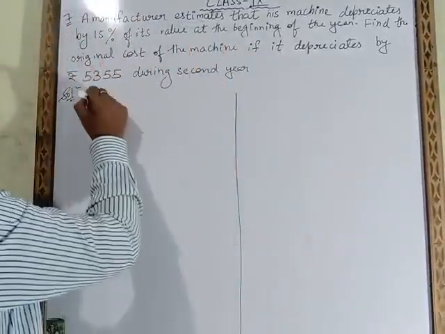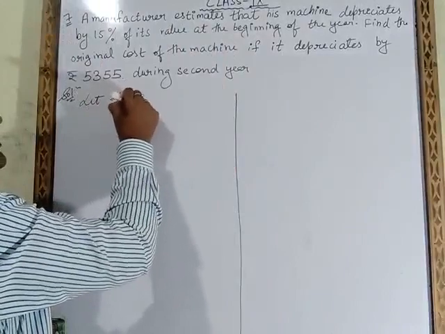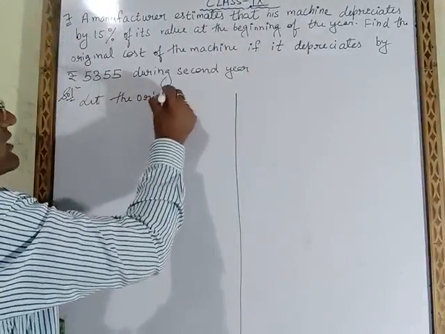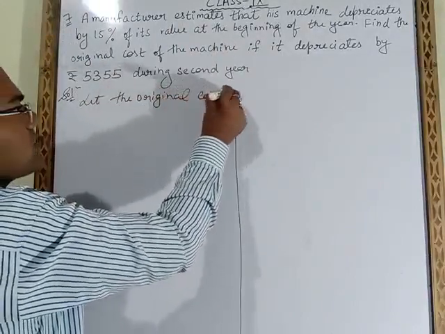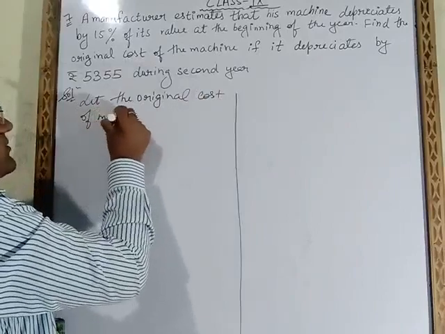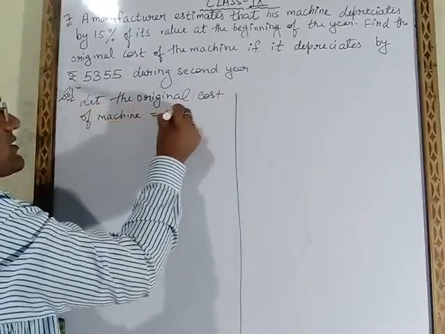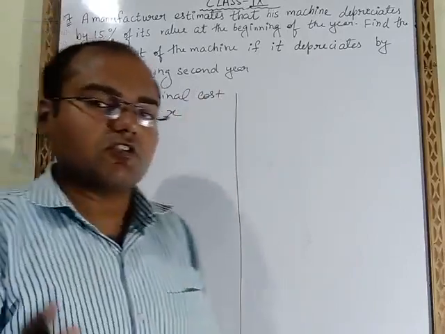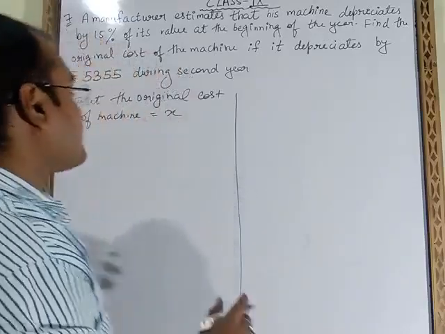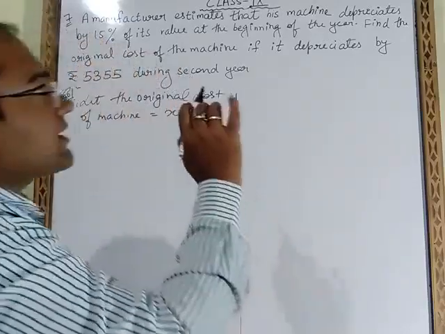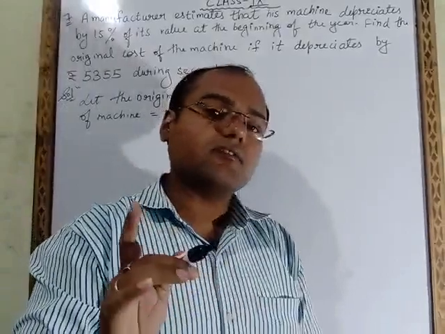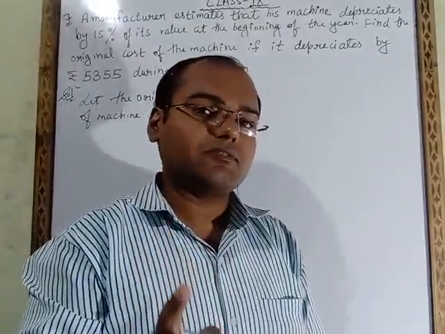So first of all what do you have to do? Let the original cost of the machine be X. We will assume that its original cost is X. Now at the beginning of the year the value of the machine depreciates by 15%.